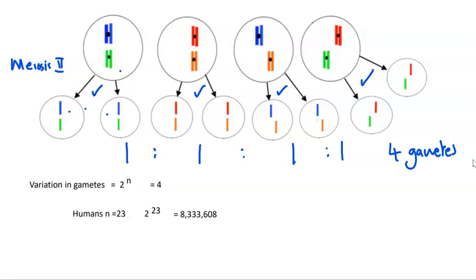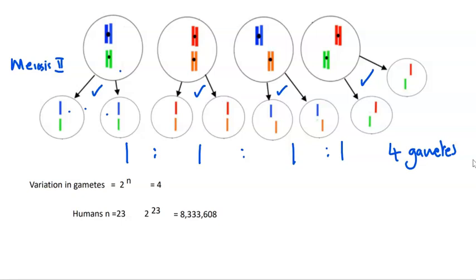Having learnt this for 2 homologous pairs, the rule remains the same for 3 homologous pairs, and indeed however many homologous pairs you have: we deploy the first law, the separation of the homologous pairs.